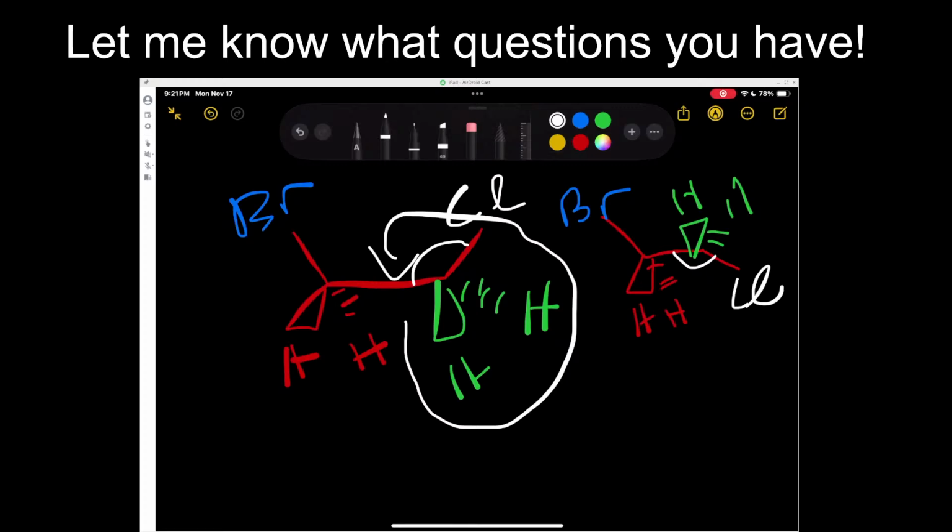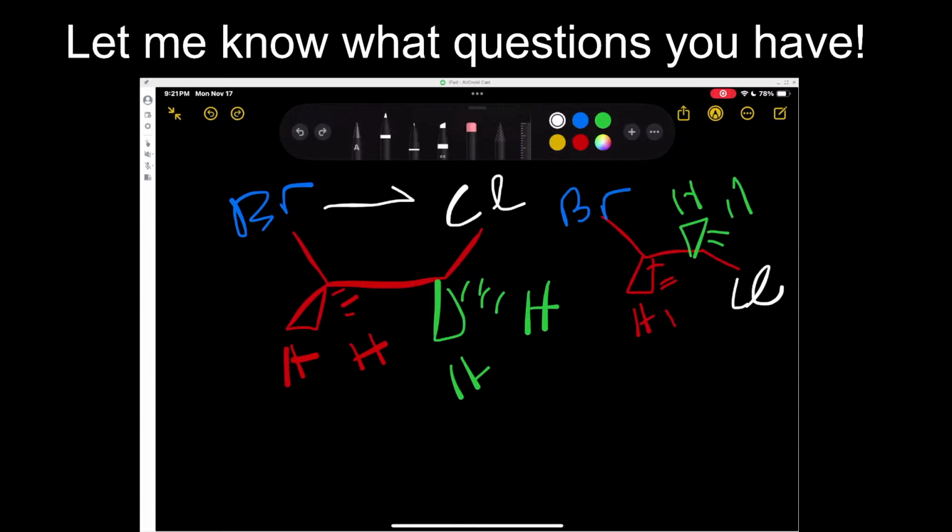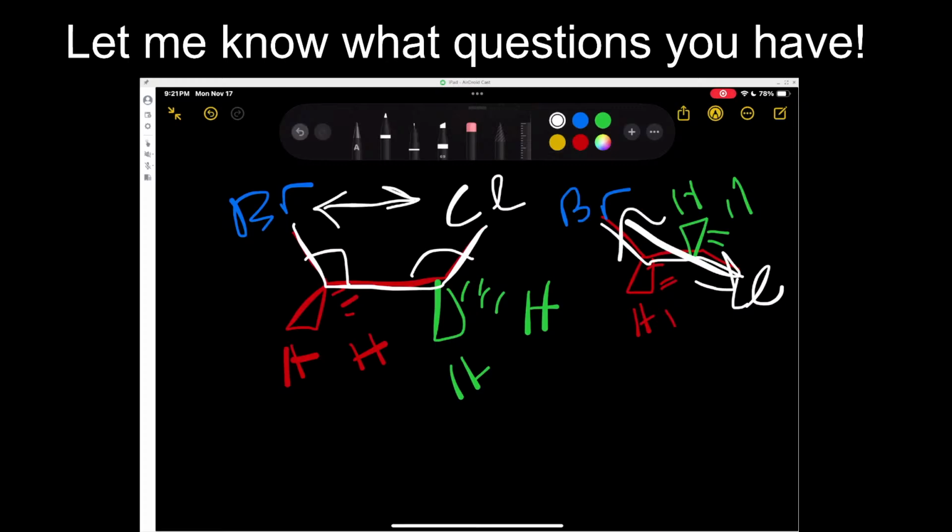So now rather than my bromine and chlorine being near each other in a plane with an angle, here 109, here 109, versus here I have my chlorine actually quite far away now from my bromine. And so these are conformers of one another because I can rotate from one molecule to the other.